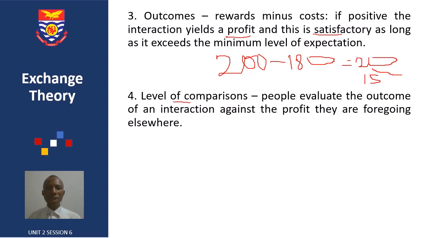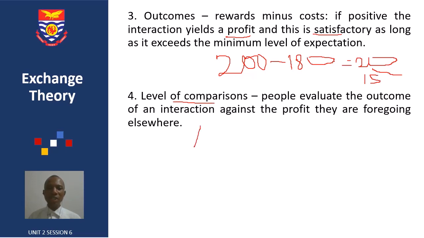You also have the level of comparison. People evaluate the outcome of an interaction against the profit they are foregoing elsewhere. Here, the employees are comparing what they would get had they gone to another employer. How much are they getting from their current employment?